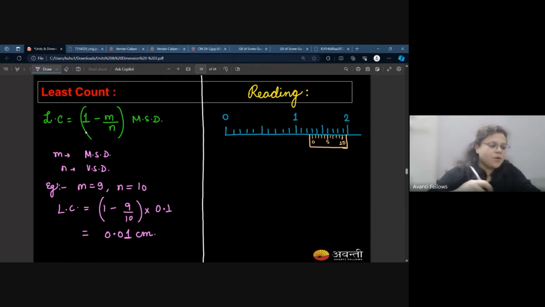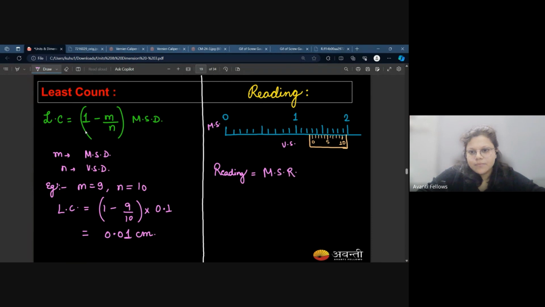Now, the last topic of today's lecture is how to take the reading of the vernier scale. So in blue, I draw the main scale. In yellow or orange, whatever the color is, I draw the vernier scale. While noting down the reading of any measurement of any object you want to measure, just do one thing: main scale reading plus vernier scale reading.